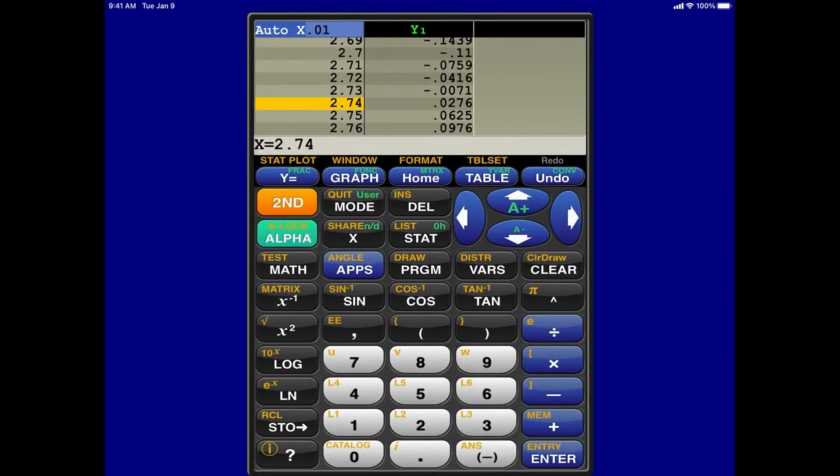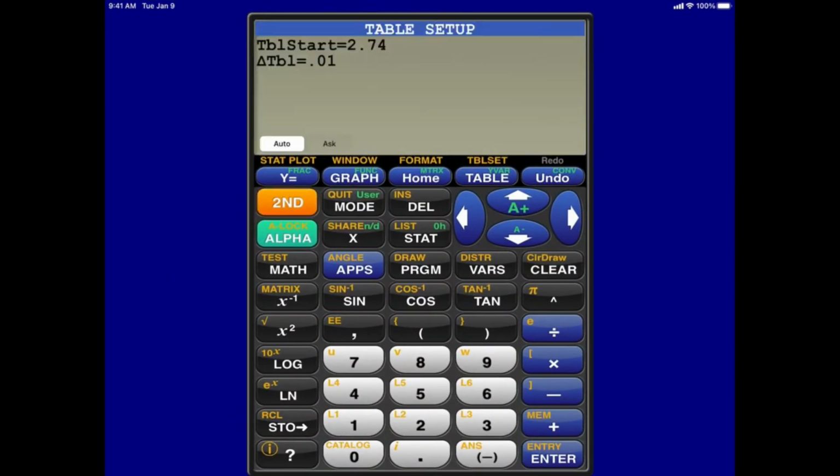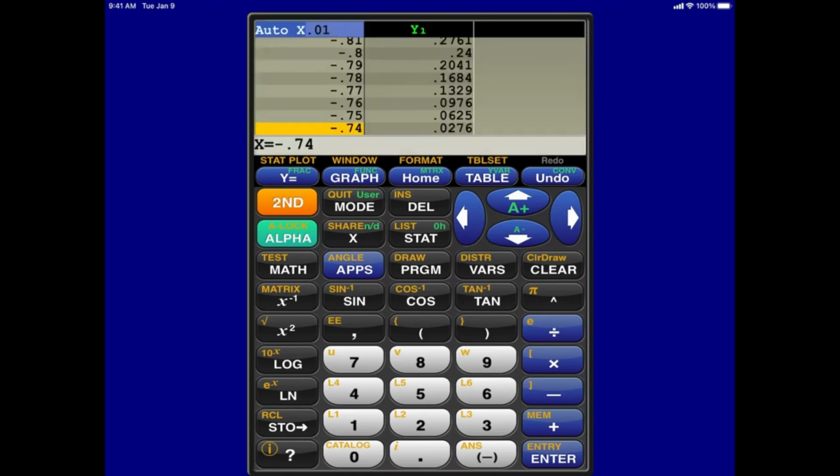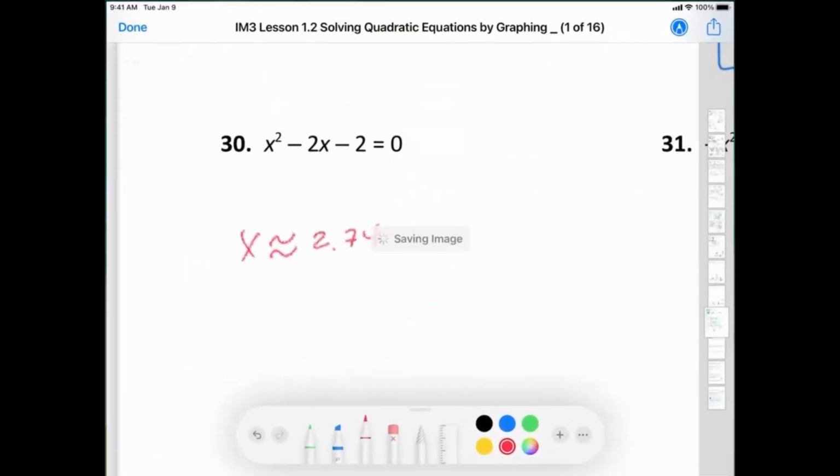And the other one, second table set, was around negative 0.75. And now I'm going to press table. Okay, so between negative 0.73 and negative 0.74. Let's just say negative 0.73.